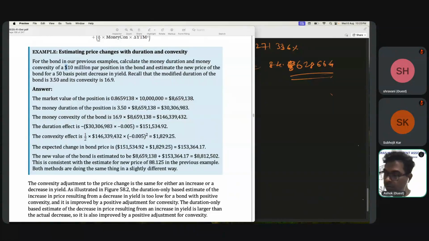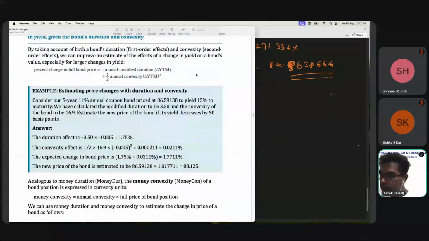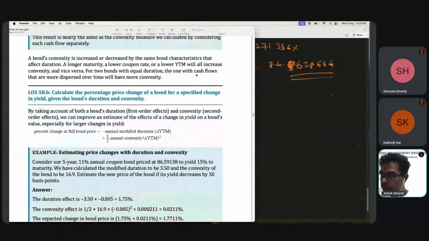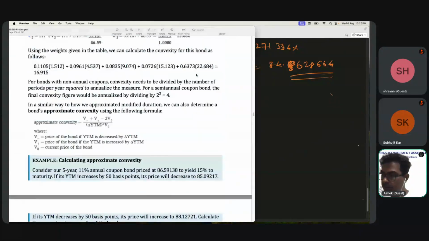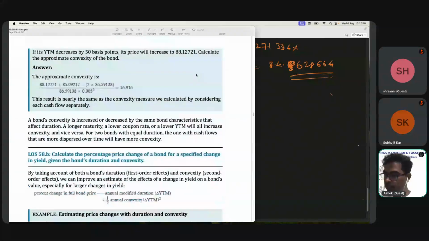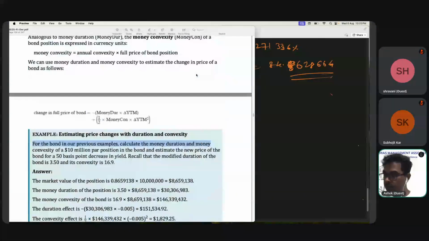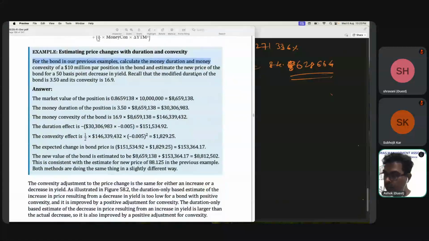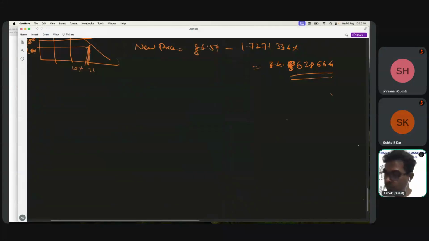Okay, for money duration and money convexity. Money duration. So two more concepts: money duration and then money convexity.